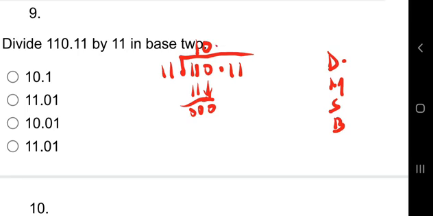We put our decimal point here. Then we bring down 1. So 1 in 11 gives us 0 again. So we bring down the last 1. So 11 in 11 is 1. So you can see the answer is 10.01, which is this option. Is that clear? All right.